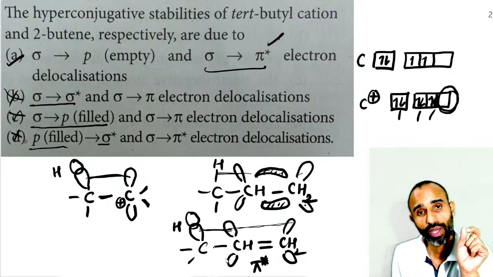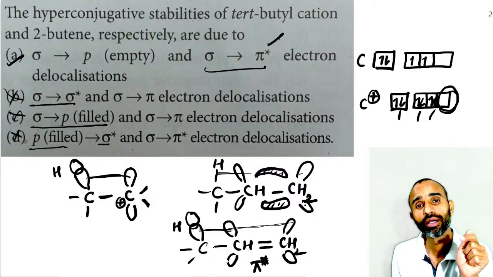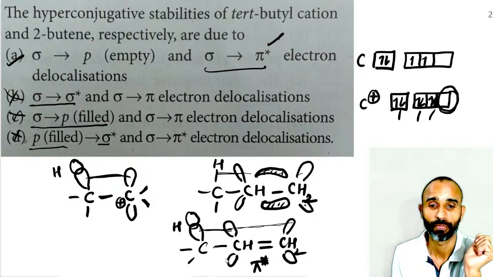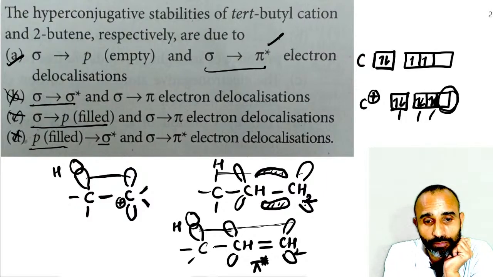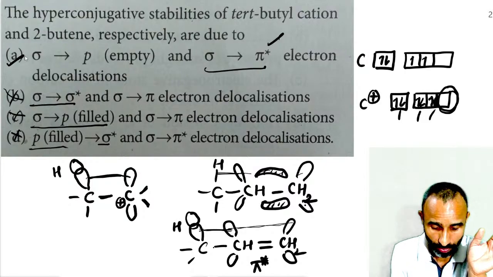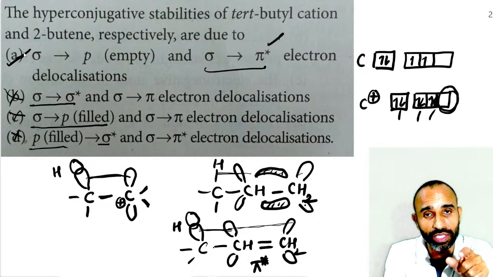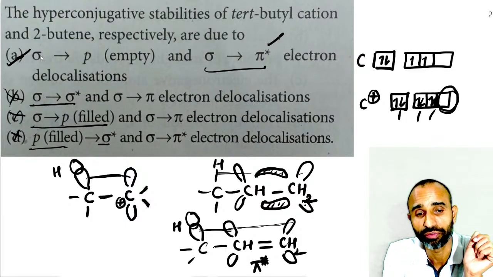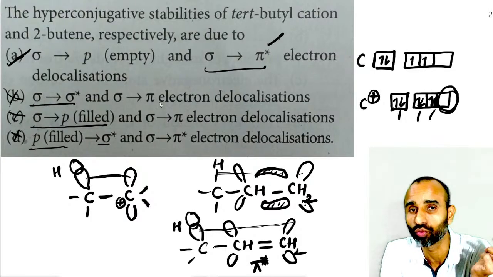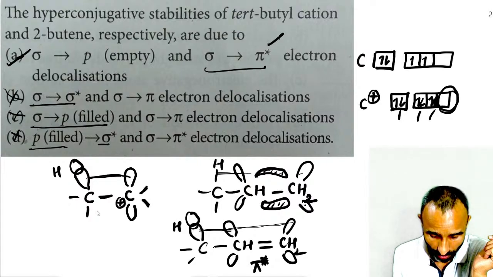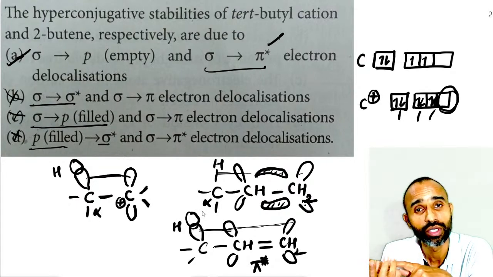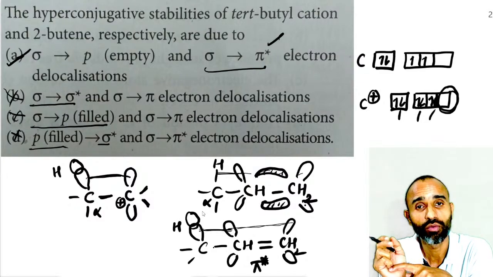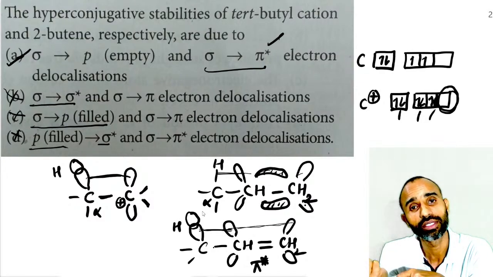In case of alkene, it is sigma and pi star of the alkene. So that is hyperconjugative stability. This is called hyperconjugation, because the alpha carbon is involved, and the more the number of alpha carbons, the more the stability of the carbocation as well as the alkene.